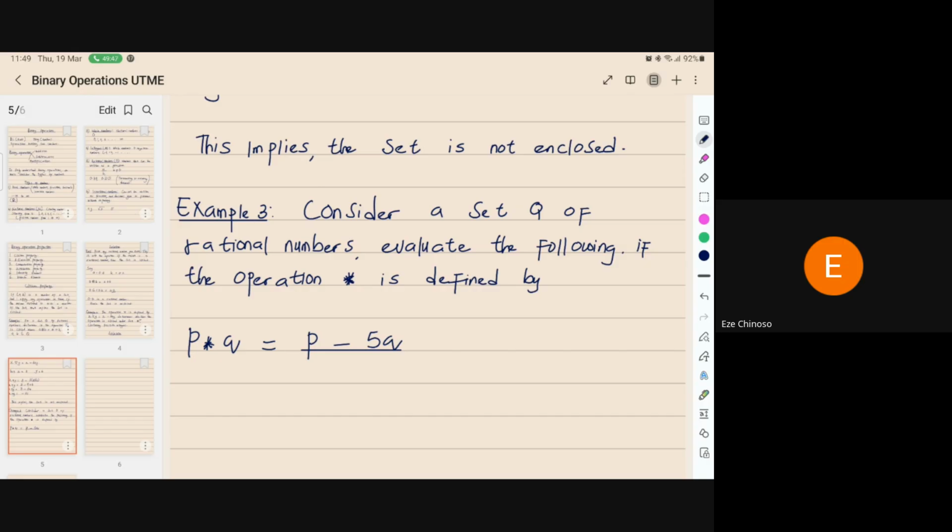So we have P minus 5Q, then I have 2PQ, right? So they said I should do what? Consider a set of what? Rational numbers, right? Then I should evaluate the following if the operation is defined by this. So now, what are we evaluating?